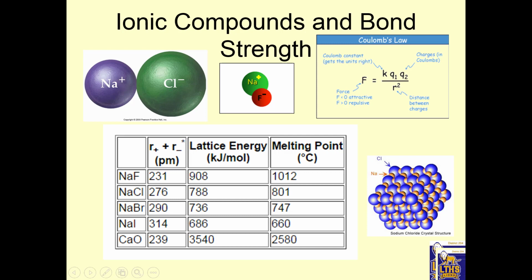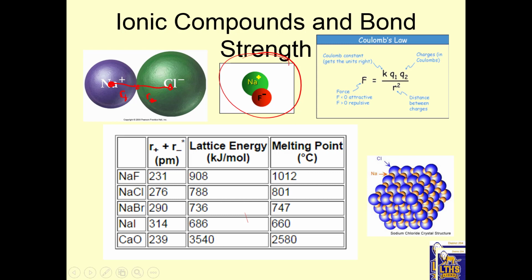Coulomb's law again. If you look at this data, you see that NaF has the positive radius and the negative radius. So here's the positive radius, R1, and here's the negative radius, R2, we'll call it. The distance between the atoms is 231 picometers.